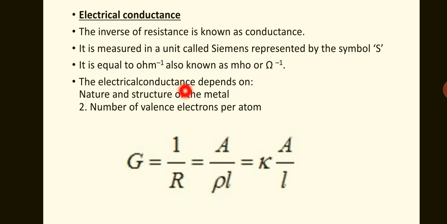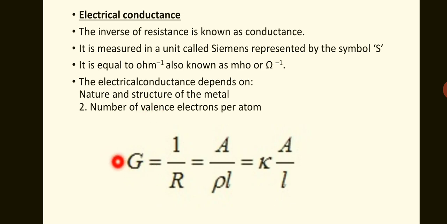The electrical conductance depends on the nature and the structure of the metal of which electrodes are made or cell is made, and the number of valence electrons per atom.